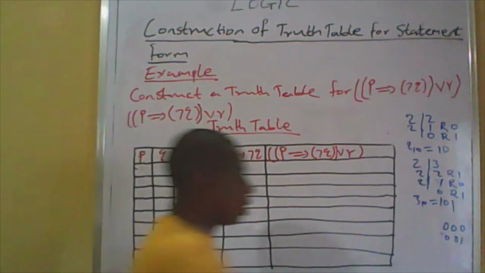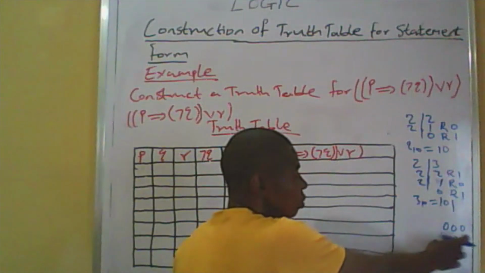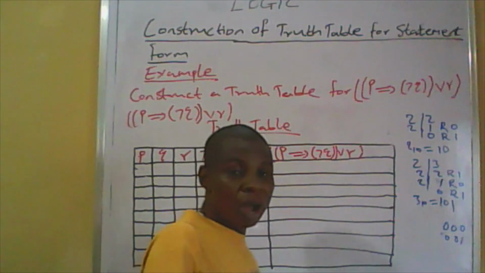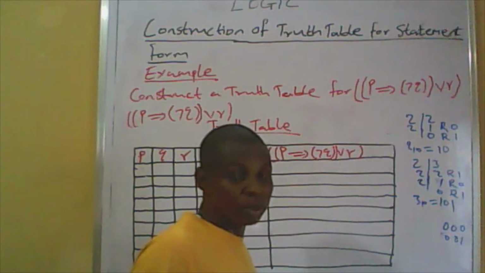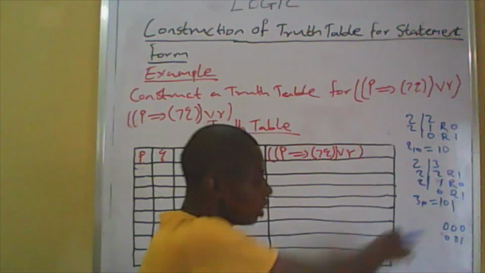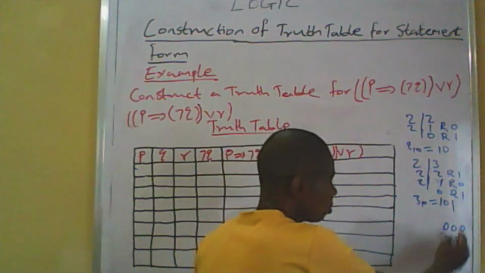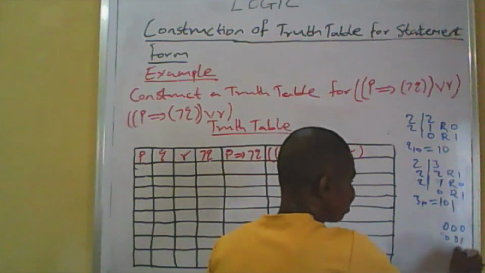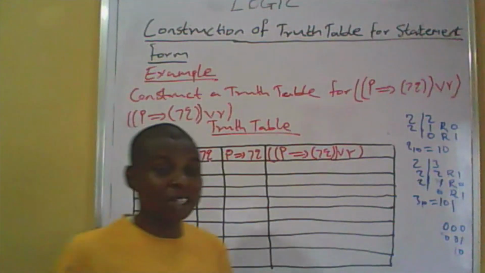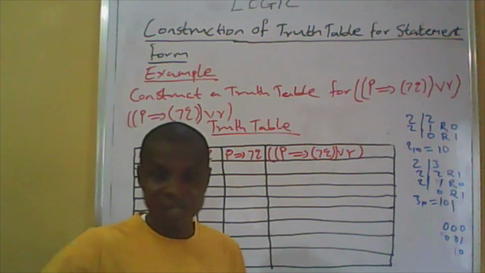So let's make it 3 digits, so that those 3 represent our truth values 0 and 1, only that instead of 0 and 1 you use true and false. Then the other one is 10 again. After 0 and 1, another number that involves 0 and 1 is 10.